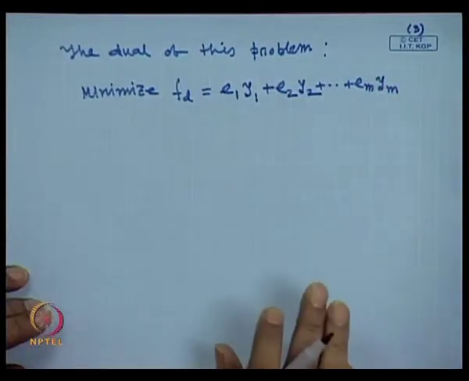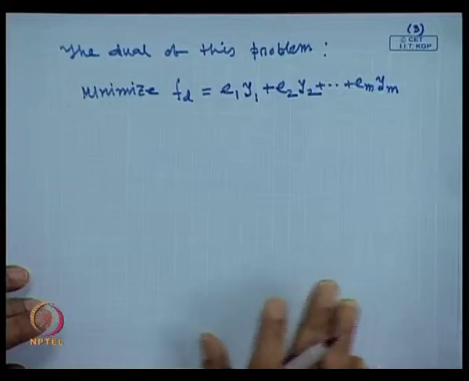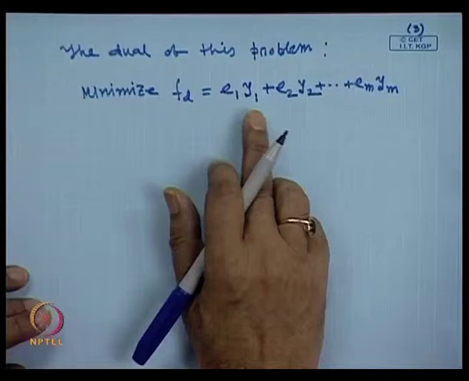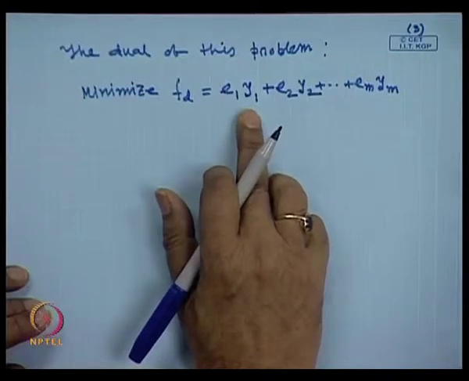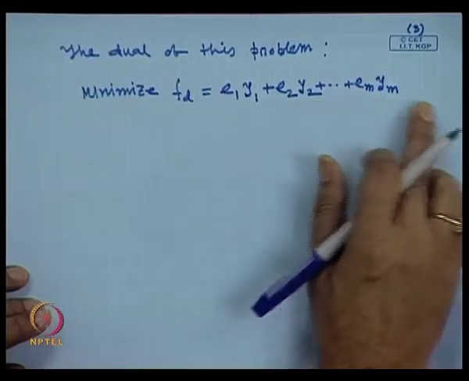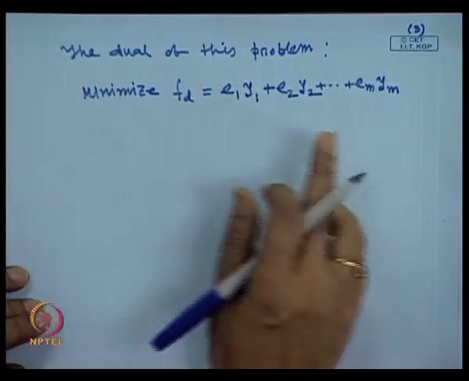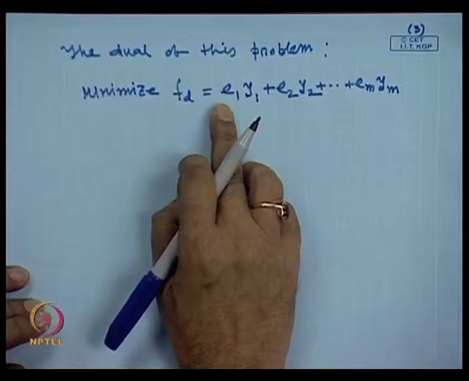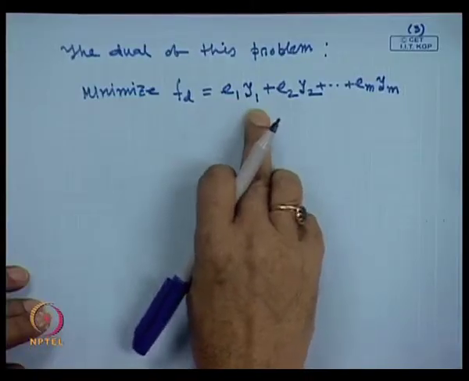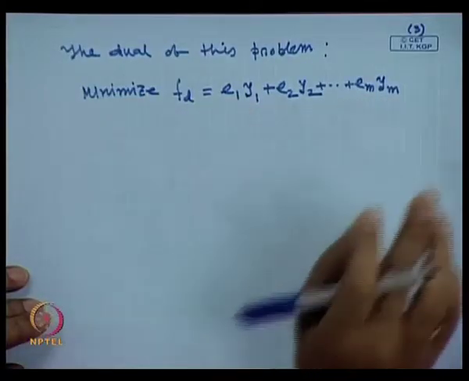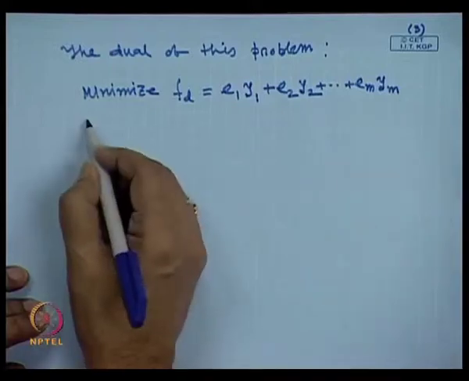In the standard primal problem we have m inequality constraints, so in the dual problem we make m new variables Y1, Y2, Y3, and the objective function, the minimization of ZD, is formed with the coefficients from the right hand side of the primal problem. Those values you have to introduce in the objective function. So, this is minimized subject to.